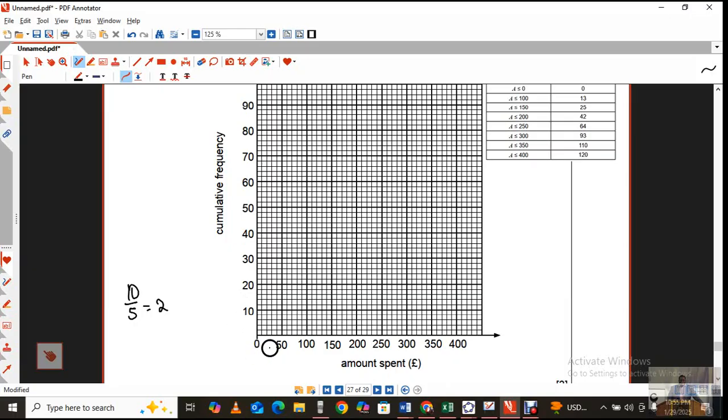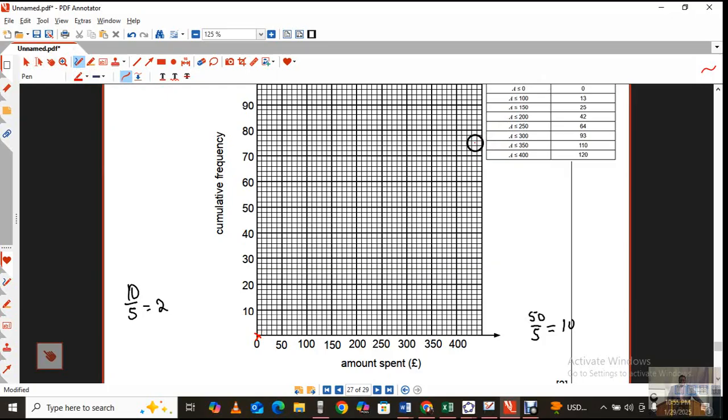If we come to the x-axis, you have got 50 divided into 5, so each block represents 10. Now, if x is 0, y is also 0, so we are starting from the origin. I plot that point.